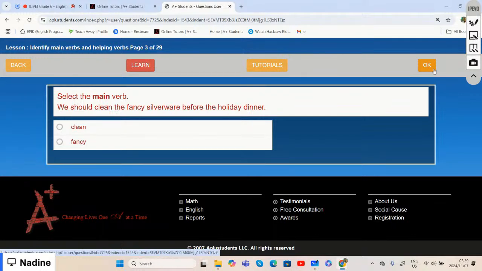We need to select the main verb within the sentence. It says, we should clean the fancy silverware before the holiday dinner. So we should clean the fancy silverware before the holiday dinner. Is it option 1, clean, or option 2, fancy?